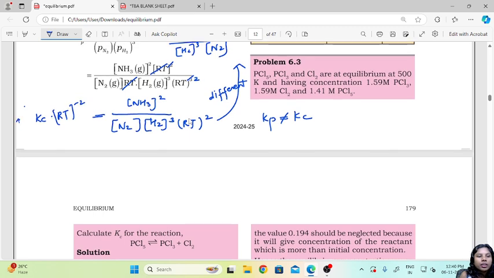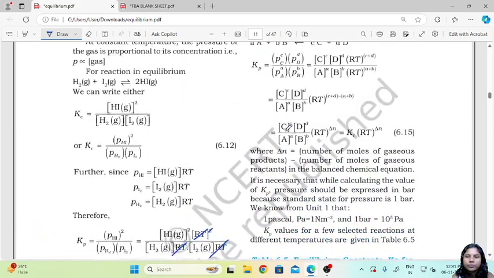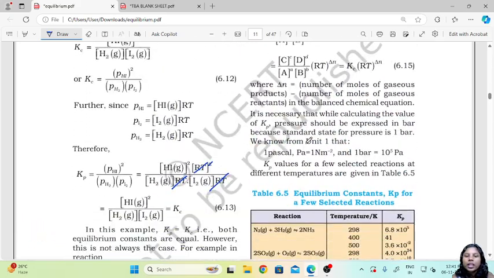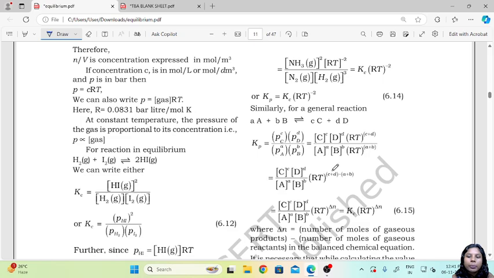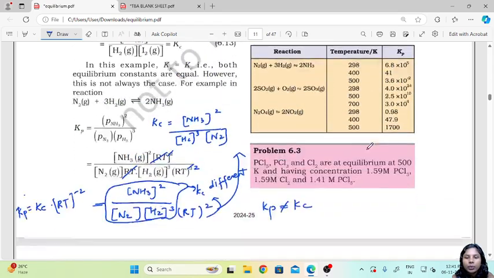So our Kp will be equal to Kc, because this whole part is basically our Kc, only this part is different. If I take this in the numerator, it will become RT raised to minus 2. So such cases are possible wherein our Kp and Kc are not going to be equal.